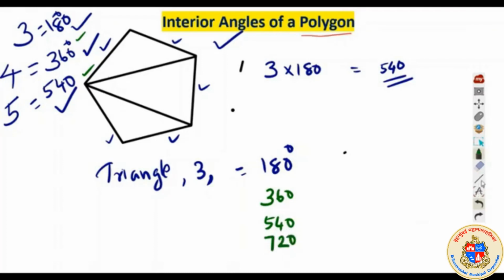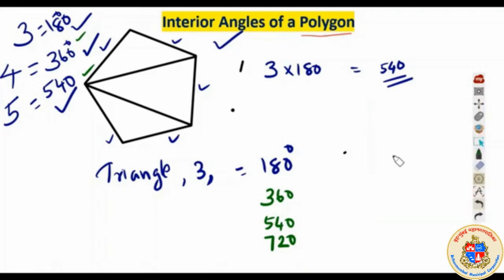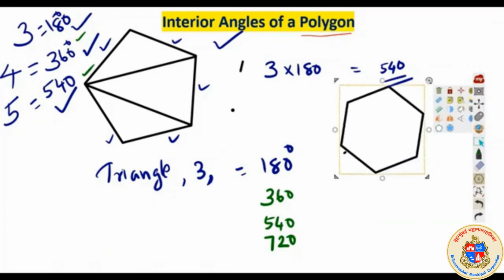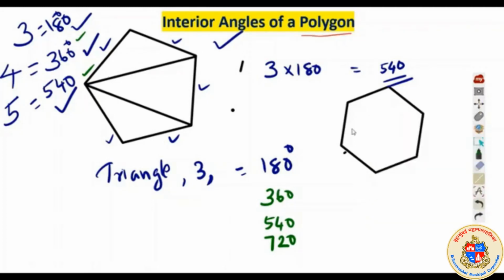Six-sided figure. What will a six-sided figure look like? Let me see. Here is a six-sided figure. Beautiful six-sided. How many triangles can be formed? We will see. Each triangle is 180. That is our calculation. So let me try. I am not sure how it works. Here is a triangle. Here is another triangle.